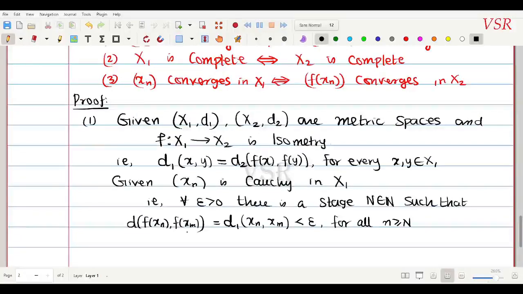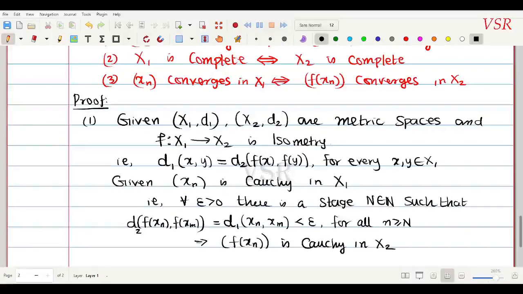அப்படின்னா என்ன கிடைச்சிருக்கு? For every epsilon positive there is a stage N such that d2 of f of xn, f of xm is less than epsilon for every n, m greater than or equal to N. So this would imply that f of xn is Cauchy in capital X2.